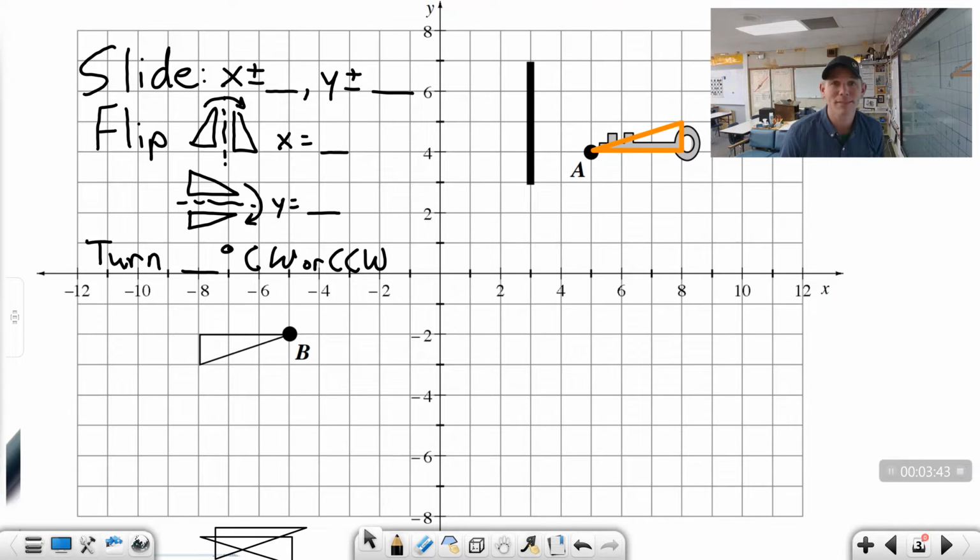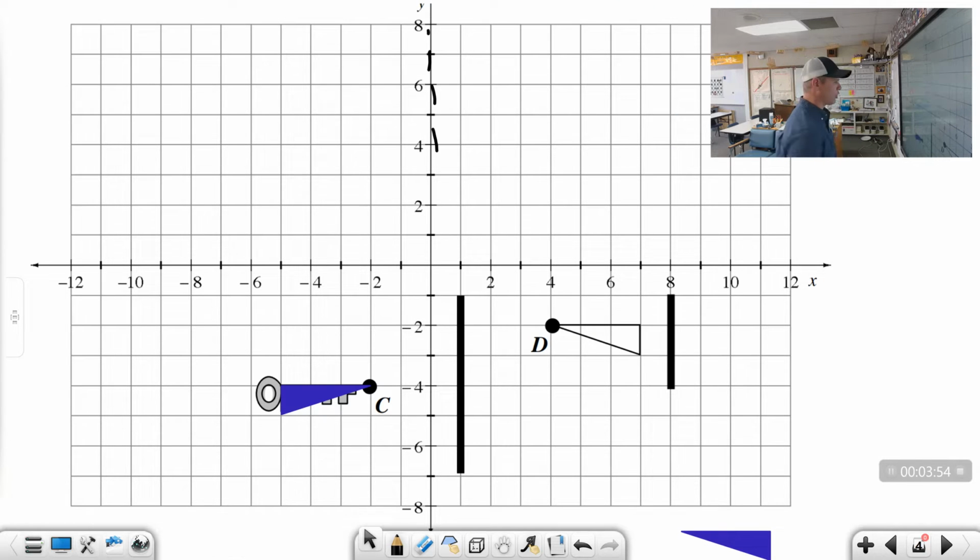Step number 1, do a slide. Maybe you get to a turn. Maybe you try a flip if you're really confident. You are going to do A to B, and then you're going to do C, getting it to D. You have to work your way around it. That is problem 6-8. You can do it. Pause the video to go ahead and get A to B and C to D.